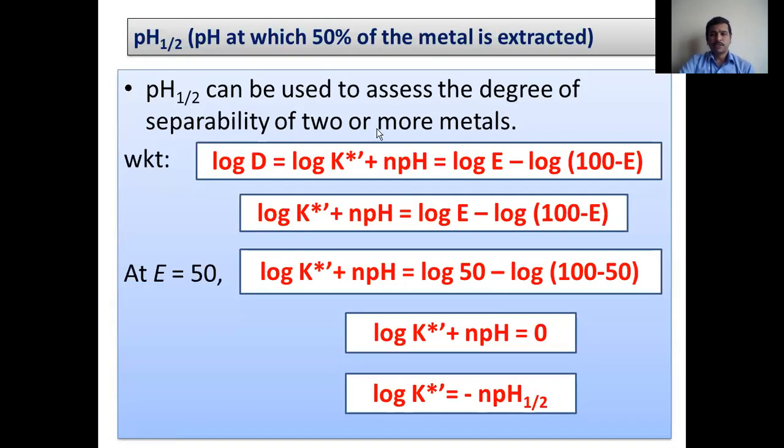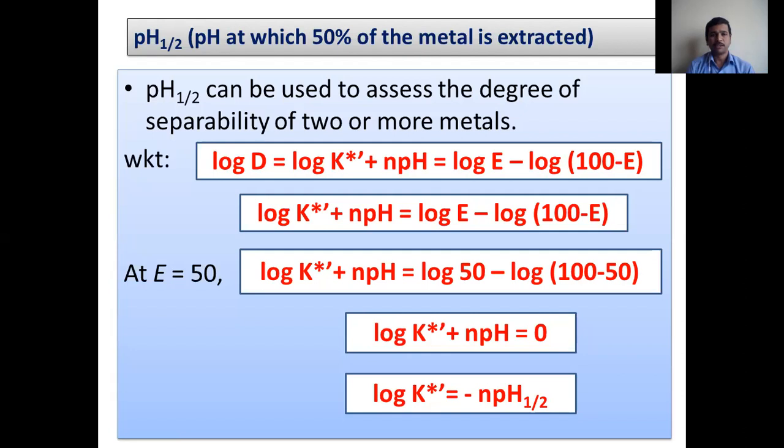Let us now consider the pH half. The extraction of any metal is selective only upon appropriate fixing of the pH of the aqueous phase. If we are able to fix the pH of the aqueous phase at an appropriate level, only then can we extract with better efficiency. 100% extraction is made at some pH. pH half means, let us assume not 100%, only 50% of the metal is extracted.